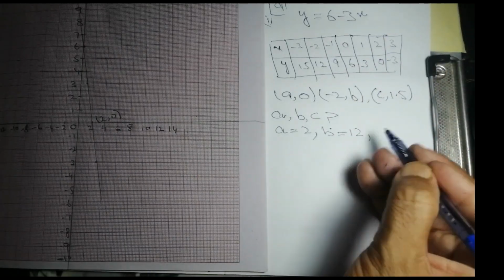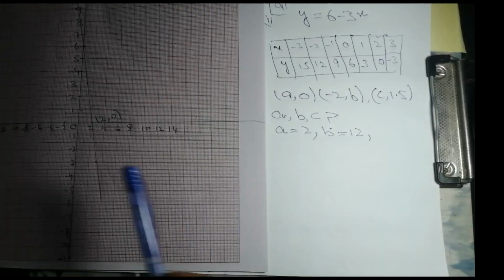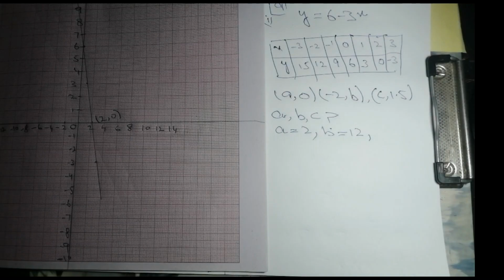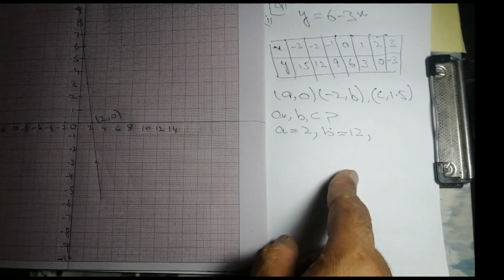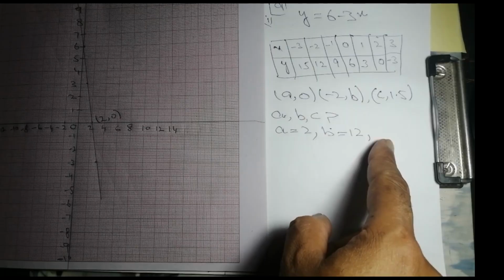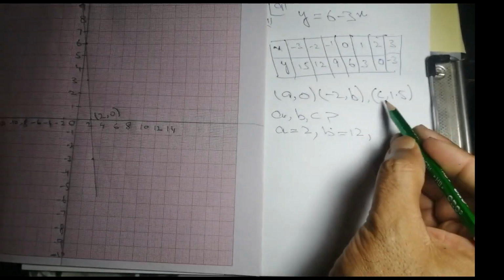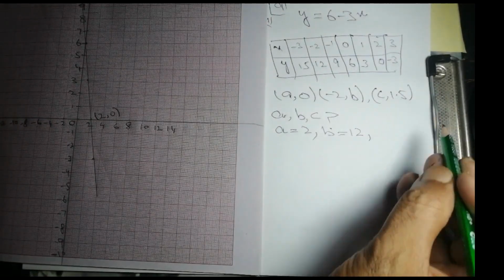From the graph we can also find the value. Next is c, 1.5, where y is 1.5. Where is y = 1.5? Y is in c and the y coordinate is 1.5.